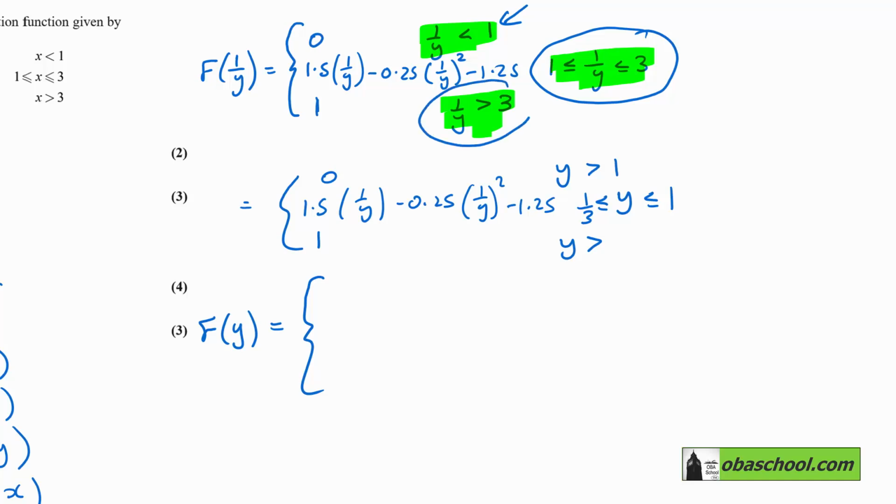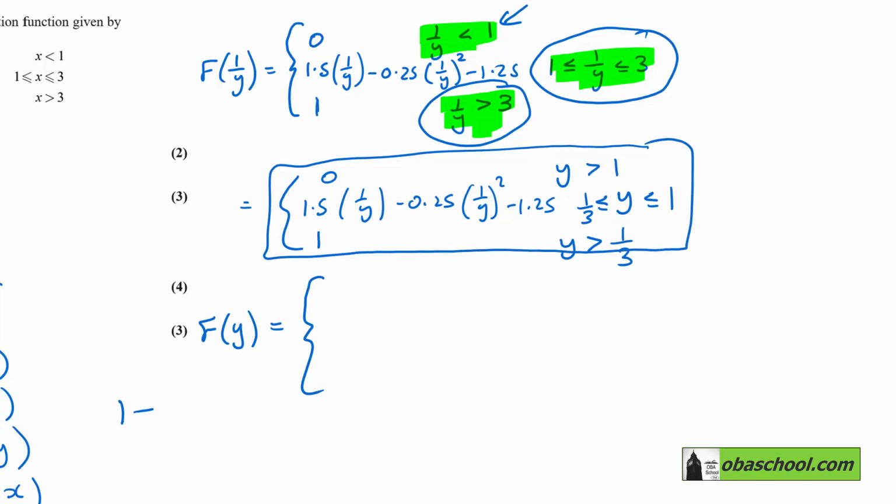This one here, when we change that one, is going to be 1/3. Now for this f of y, we're doing 1 take away all this stuff above here. So we're going to have 1 take away 1. That's going to be 0. So the bottom row here is going to end up being the top row of our next table.